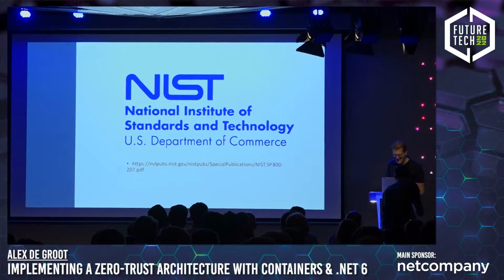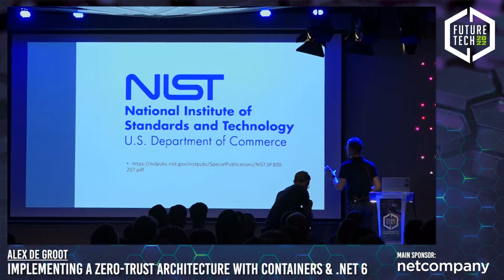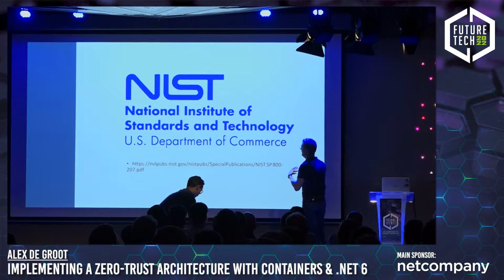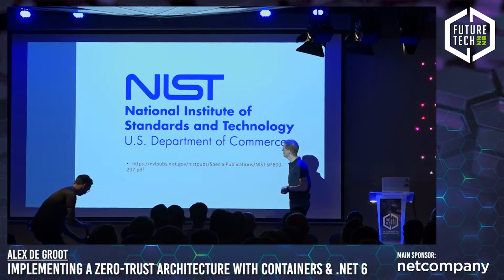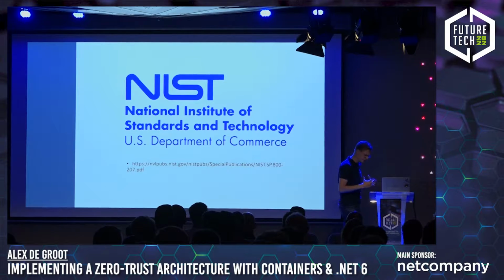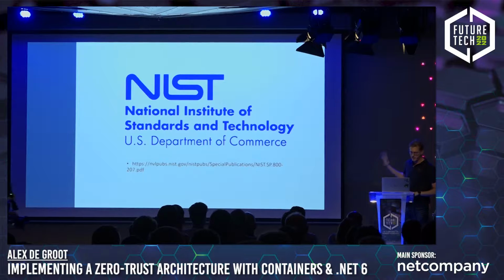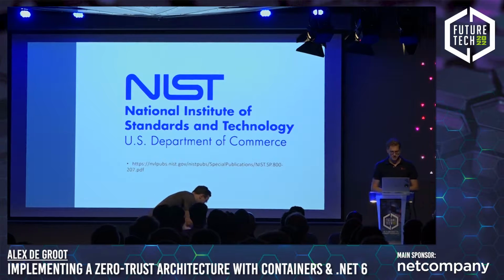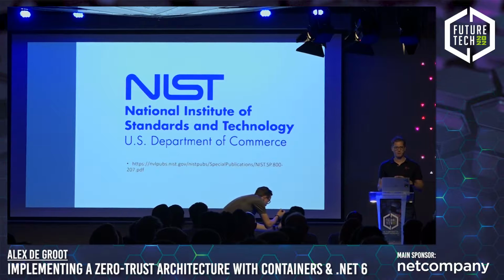So it was 2018 when the US Department of Commerce added, through the National Institute of Standards and Technology, zero trust as part of a requirement for all of the US bodies. If you want to have infrastructure in the US these days in a special category, so if you're a ministry or in defense or any of these things, you will have to adhere to these standards, the NIST SP 800-207, and zero trust is an integral part of that standard.